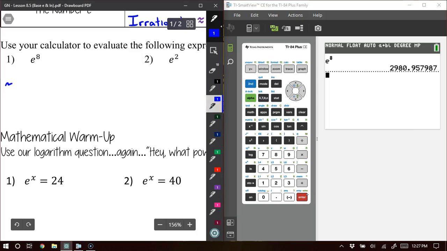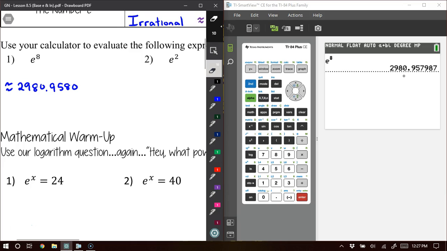So e to the 8th is approximately 2,980.95798. I have to look at the 5th number. It rounds that 9 up, so the 79 becomes an 80 at the end.